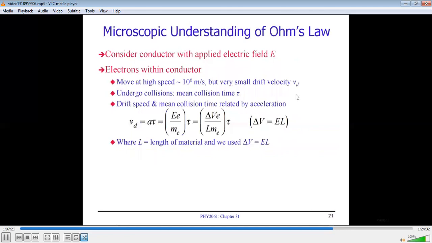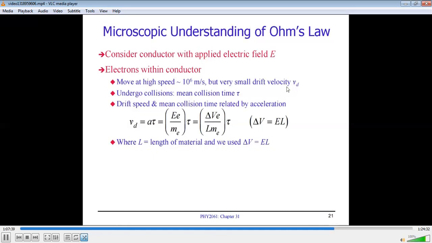So, microscopic understanding of Ohm's law. Consider a conductor with applied electric field E. Electrons within the conductor move at high speed, 10 to the power 6 meter per second, but have very small drift velocity. In our previous slide, we observed that. And they undergo collisions, with mean collision time tau.